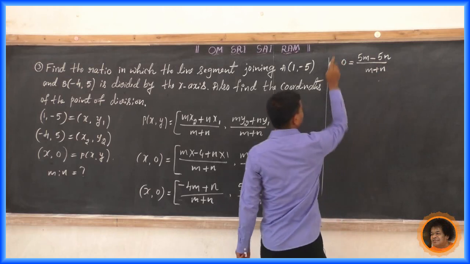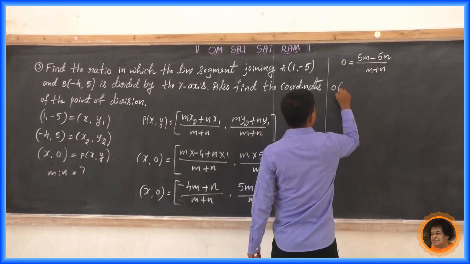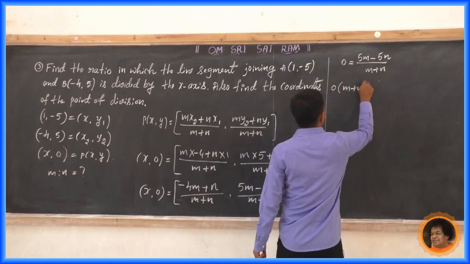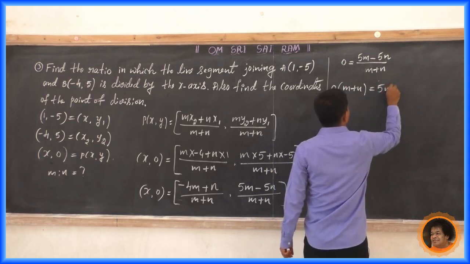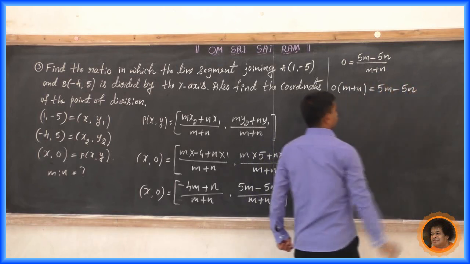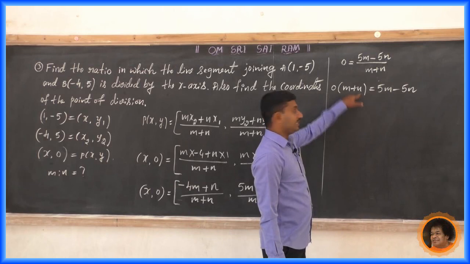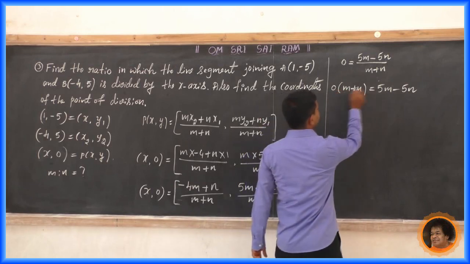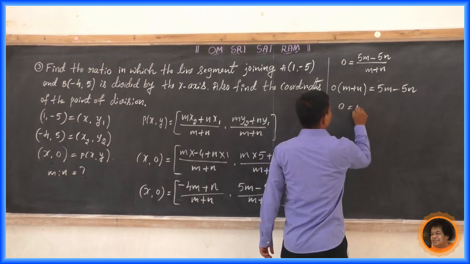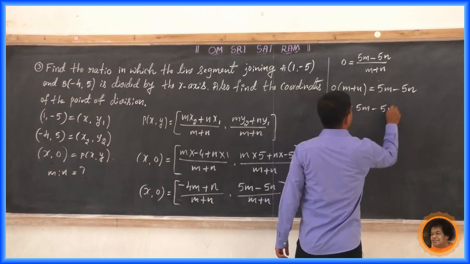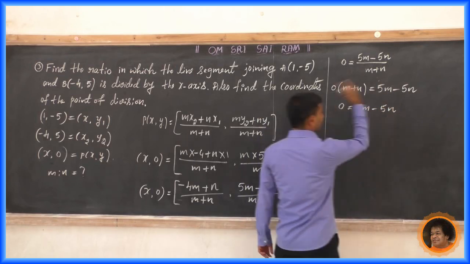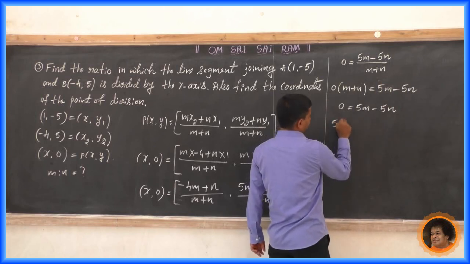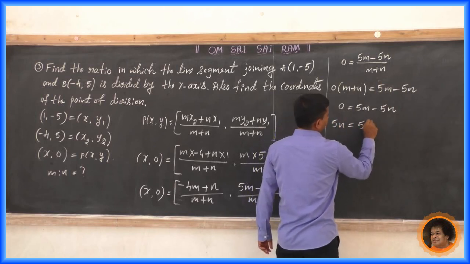Now transpose to the left hand side: 0 into m plus n equal to 5m minus 5n. Any term multiplied by 0 gives the product 0. So 0 equal to 5m minus 5n. Transpose minus 5n to the left hand side, so plus 5n equal to 5m.